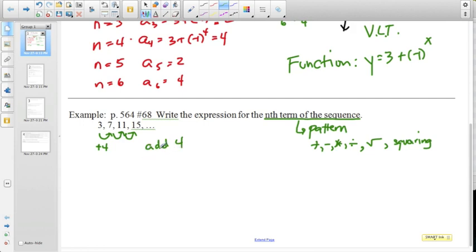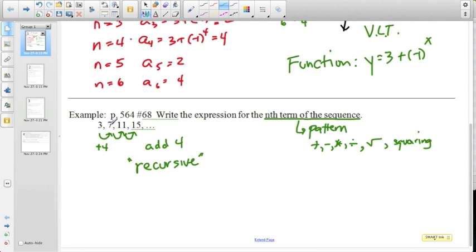Now add 4 has a recursive quality to it. In other words, if I'm just going to add 4, then I need to know the term prior to it, so I can add 4 to it to get the next term. And that's a recursive behavior. When we want an expression for the nth term, we have to write that expression with respect to the first term.